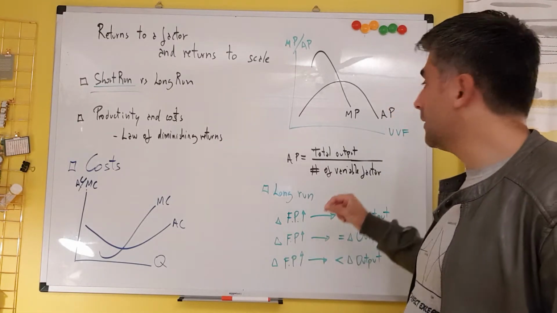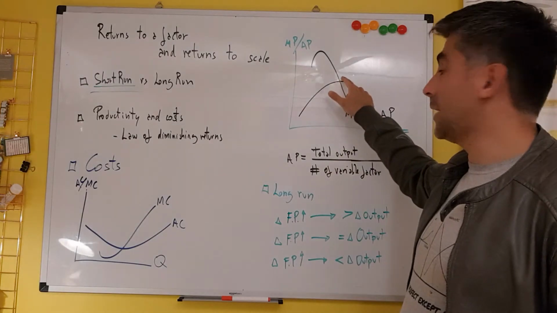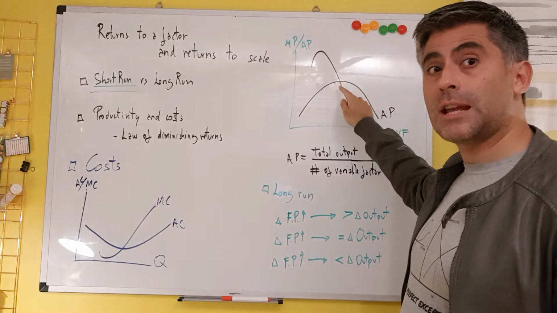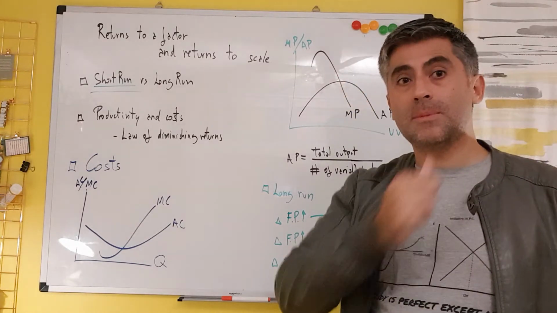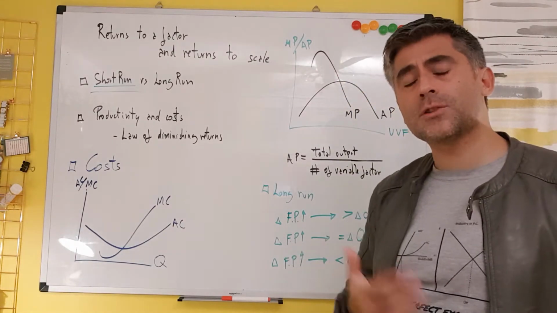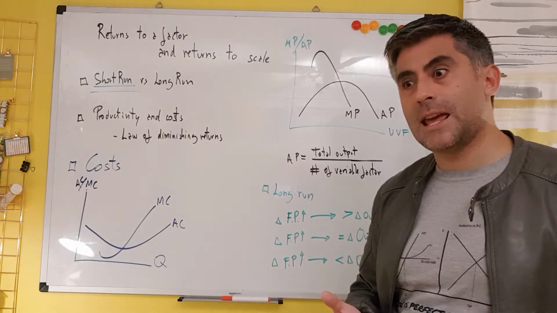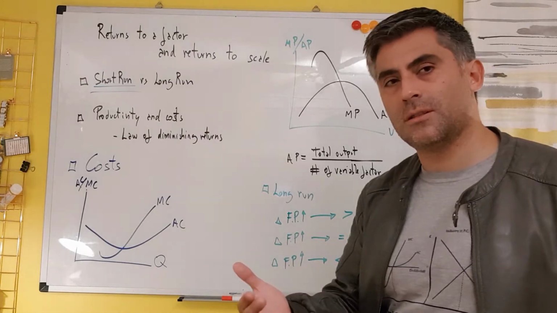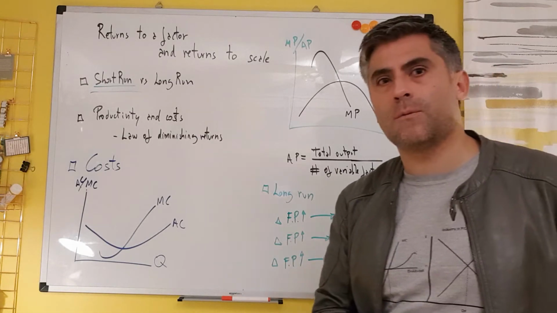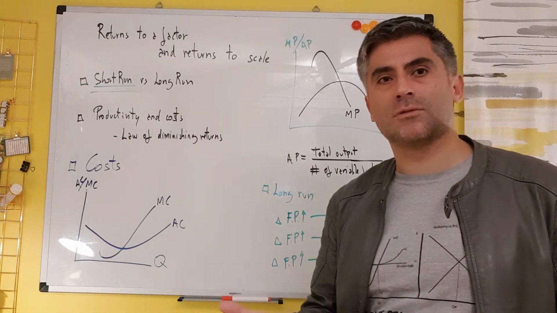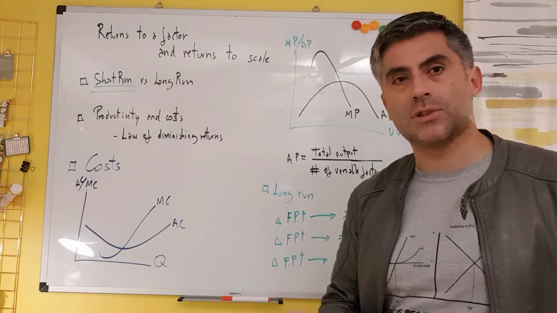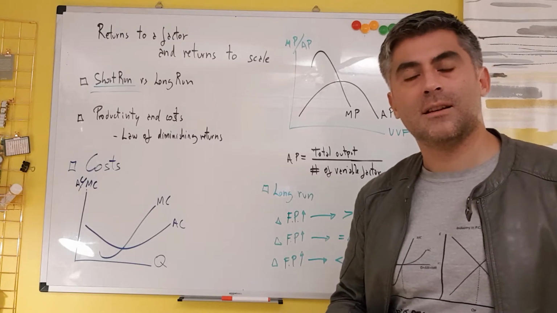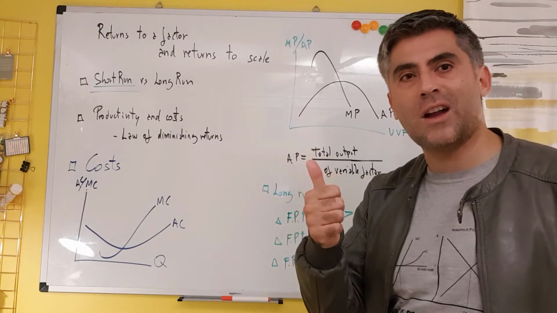And you can see that the highest point of the average product is the point where the marginal product intersects with it. A little bit like playing football, the marginal product is how many goals you scored in the last match. That'll be your margin. Whereas the average is, well, how many goals have we been scoring on average? Maybe we score 2 goals on average every match. So if in our latest match we score 3, then we're bringing up our average.